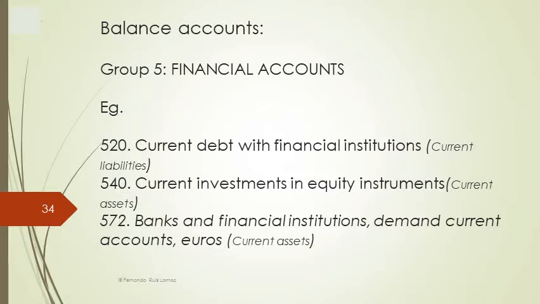Account 540, current investments in equity instruments, which stands for the value of shares our company possesses in other companies' equity, and account 572, banks and financial institutions demand current accounts euro, disclosing the balance of a company's typical bank account.